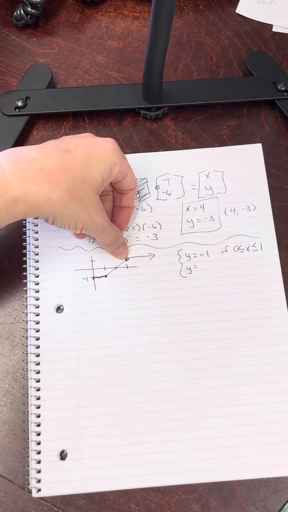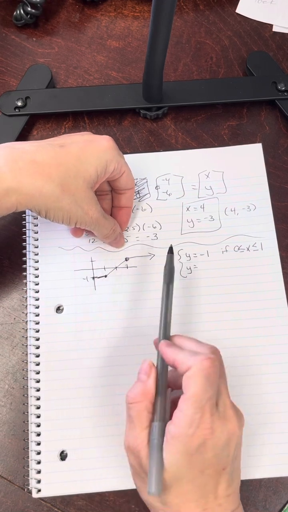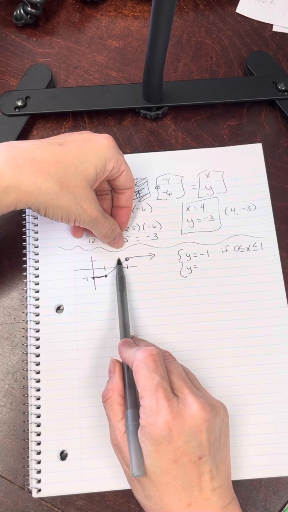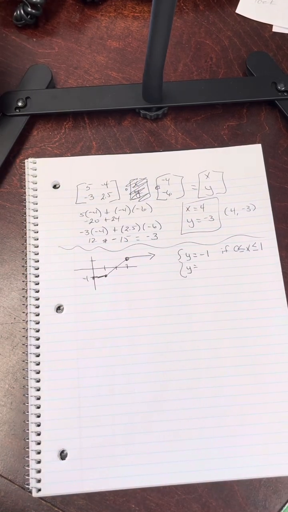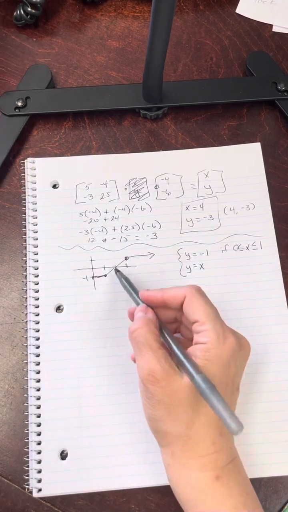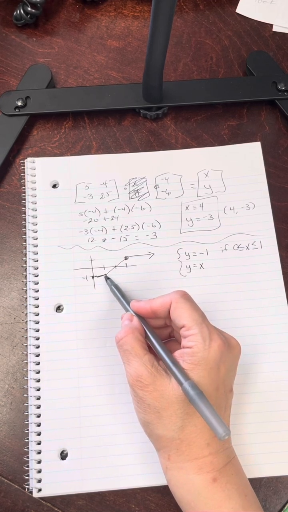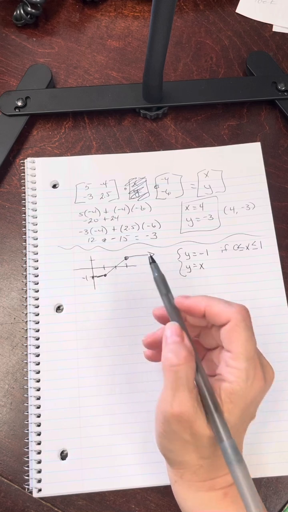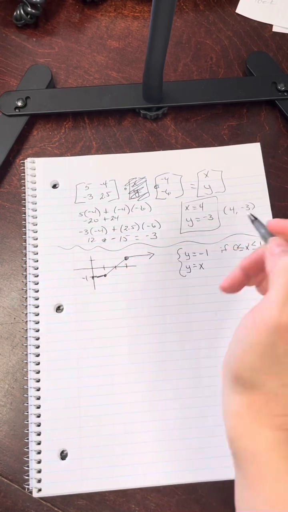So let's see, rise of 1, run of 1, or rise of 2, run of 2. Either way you figure that out, it's coming up, the slope is 1. So I know I'm going to have y equals x. And again, I might be able to estimate where that b is, although I don't like to guess. This one, because I can count it, because it's down 1, backwards 1, it's going to land at -2.